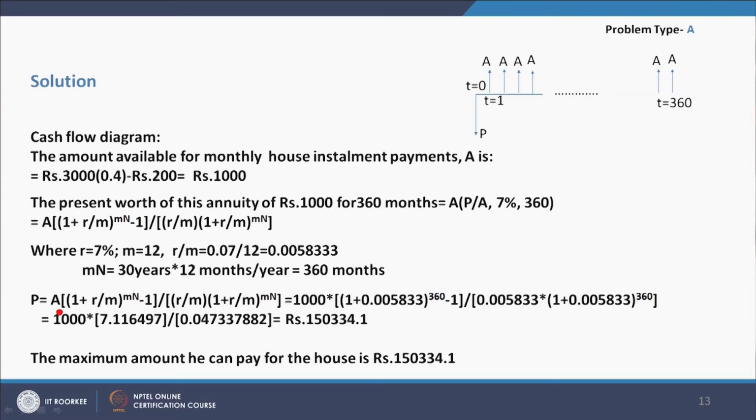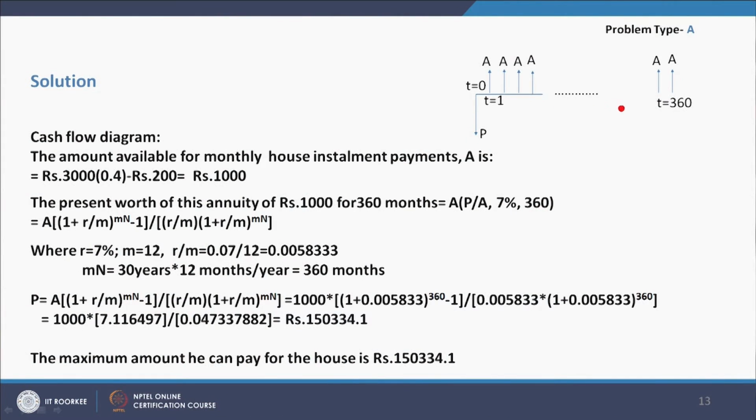When we put these values in, the present worth is equal to 1,50,334.1 rupees. So, the maximum amount he can pay for the house is 1,50,334.1. If he sinks this P amount, he will get it back through this annuity, and hence he can purchase the house at t equal to 0, whose maximum price will be rupees 1,50,334.1.